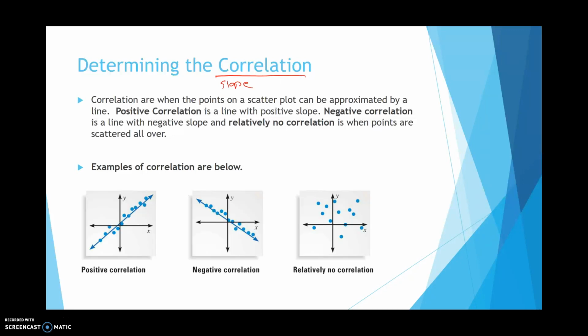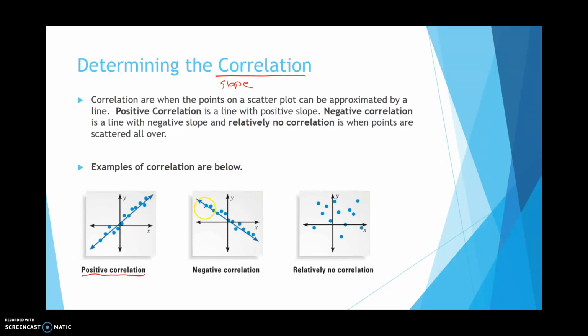I'd like you to see an example here, because you will be asked questions like this coming up in the future. For positive correlation, notice there are my scattered plot points, and my line of best fit is going through the center. The direction is positive, positive slope, which is the same as a positive correlation.